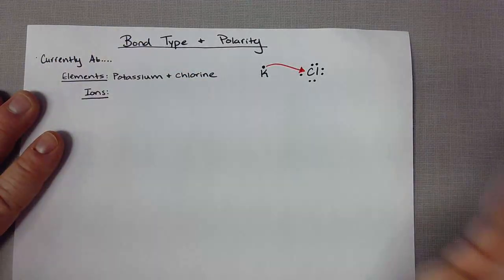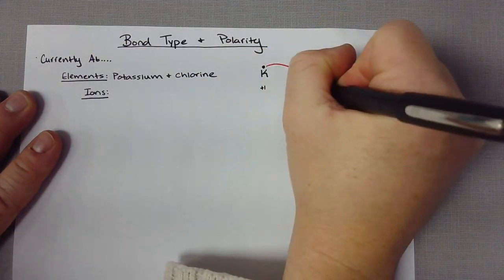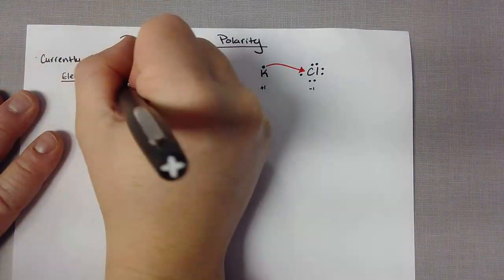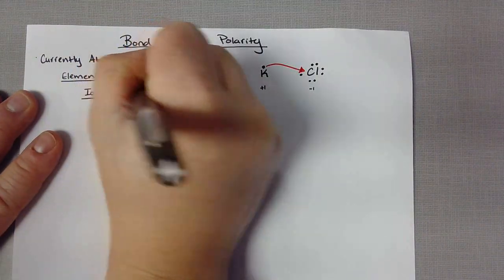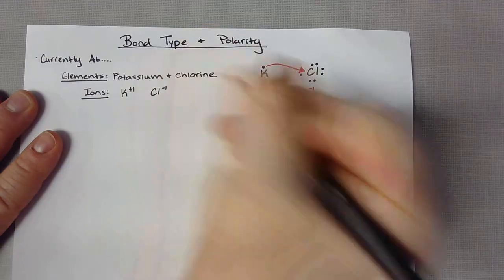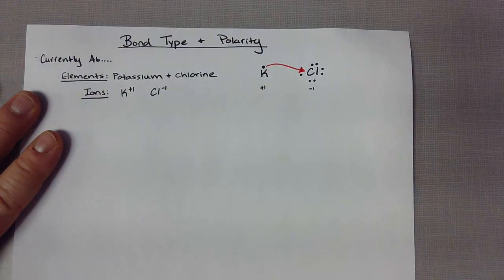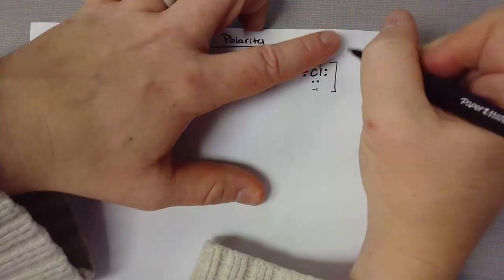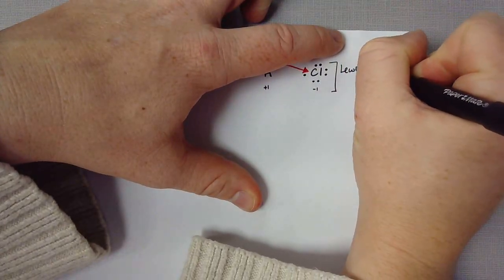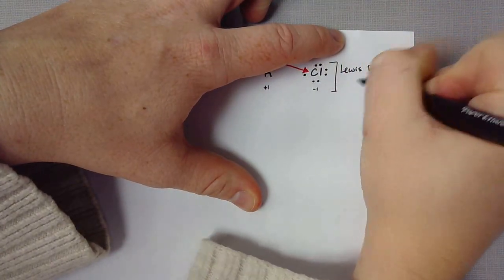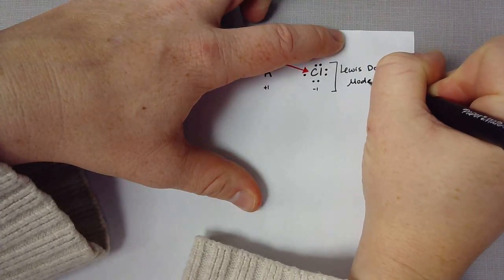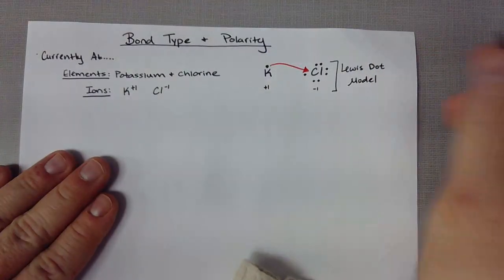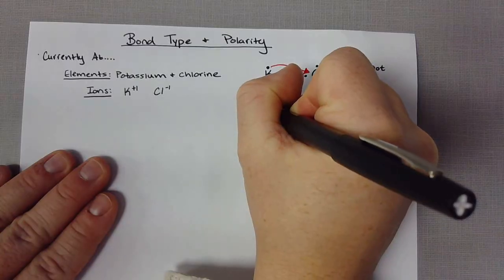Well, potassium gave up one electron, chlorine gained one electron. So my ions would be K plus 1 and Cl minus 1. This is a completed Lewis dot model, which would correlate to a ball and stick model.